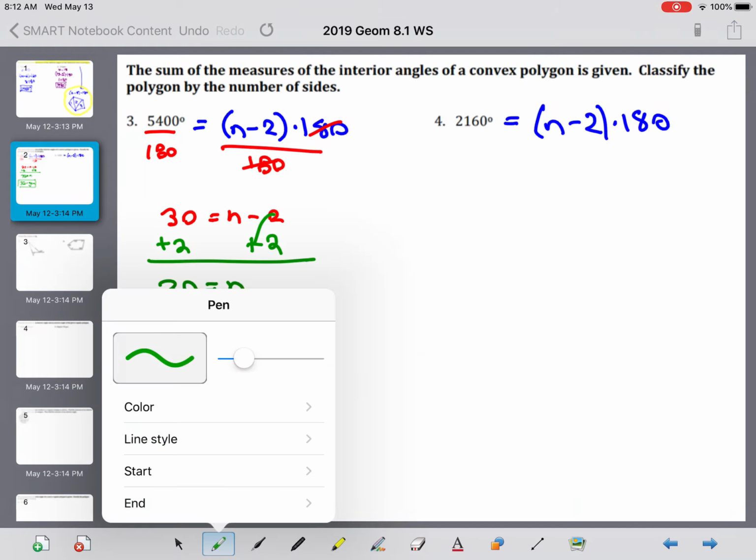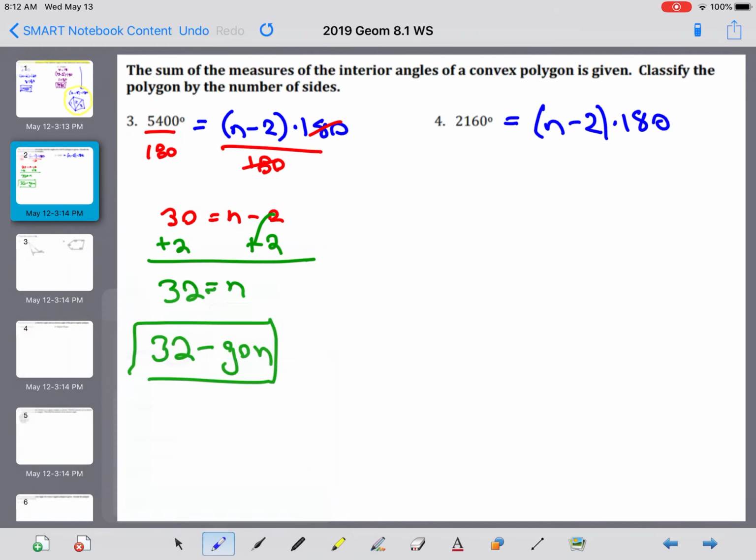Alrighty. Moving on to number 4. Same step. We're going to divide by 180. We get n minus 2 here. Over here we get 2160 divided by 180. And we get 12.